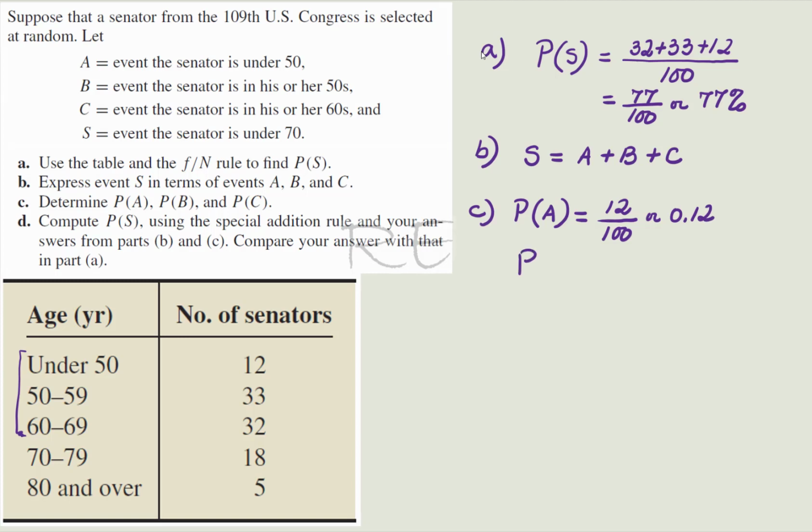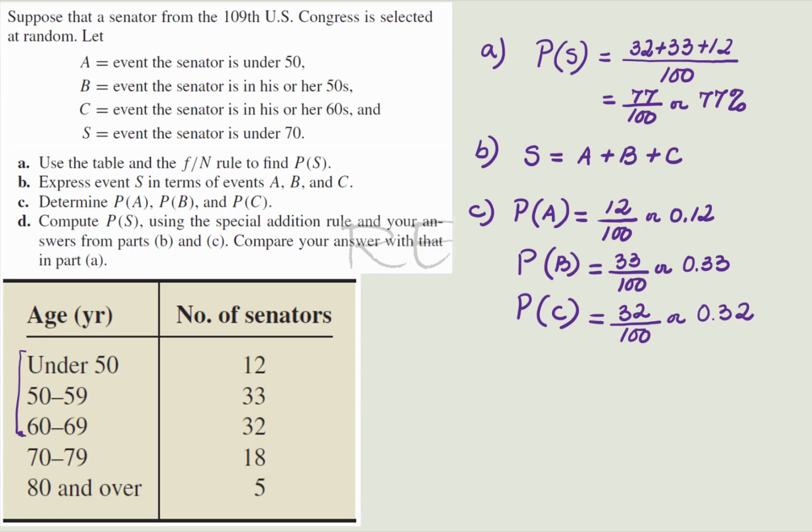Now, for B, the probability that the senator is in his or her 50s will be 33 divided by 100, or 0.33, and so on and so forth. For C, it'll be 32 over 100, or 0.32.